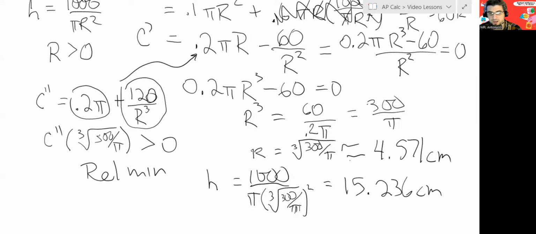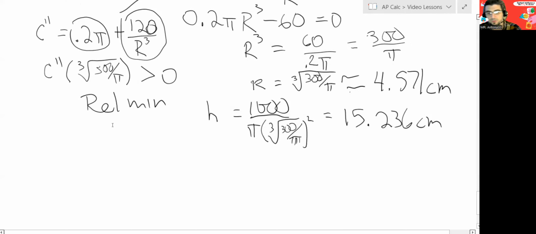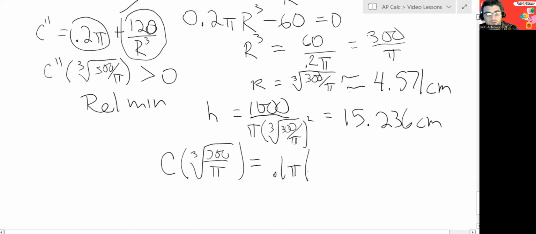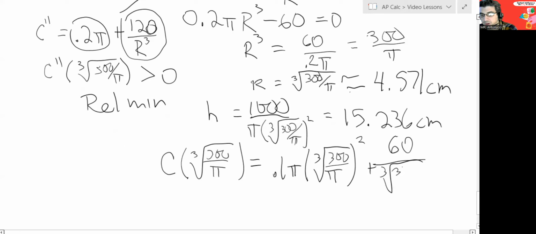And then the actual cost, so we can dump these numbers into the cost function. So with r equal to the cube root of 300 over pi, C equals 0.1 pi times the cube root of 300 over pi, squared, plus 60 over r, which was the cube root of 300 over pi.